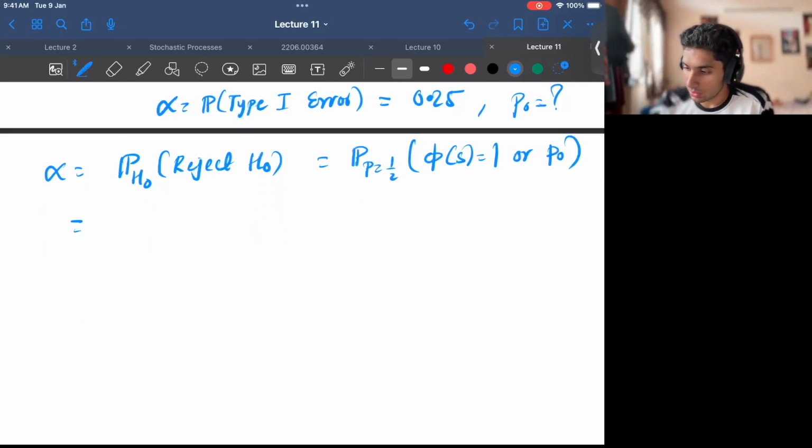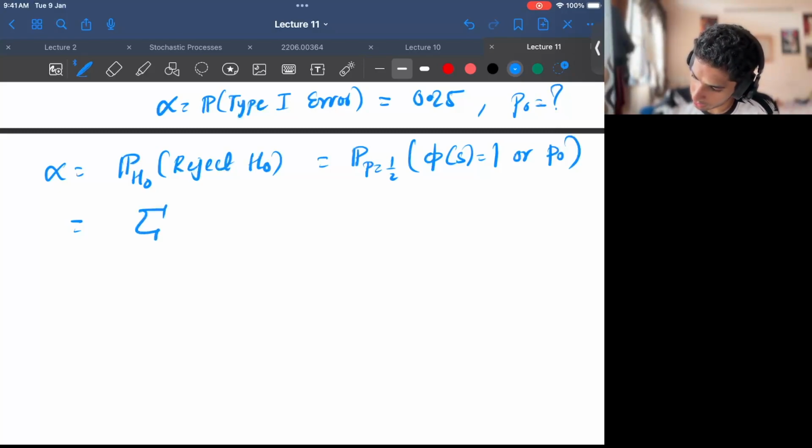So what is this thing? This will be the summation of phi of s into probability under h naught of phi of s.